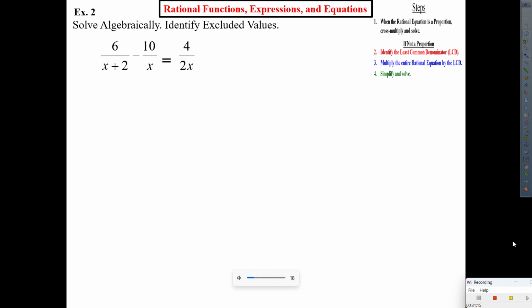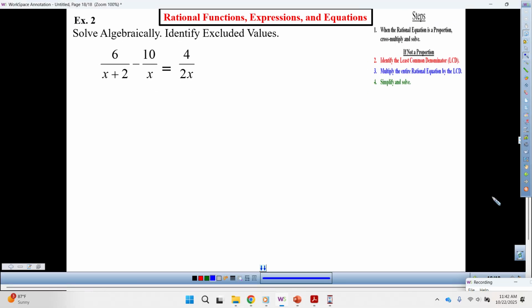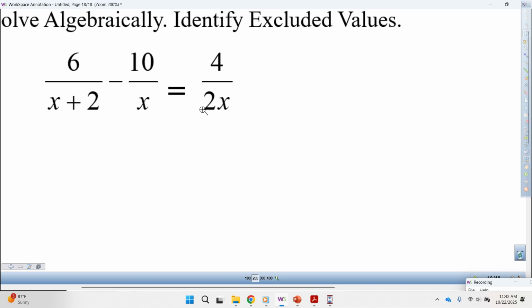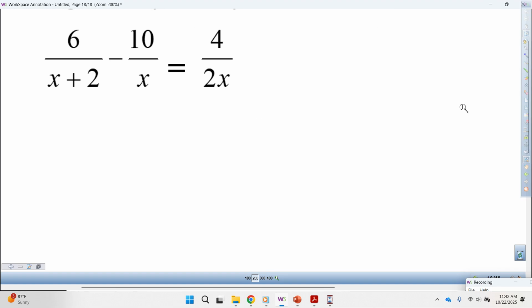All right. For this one, I'm going to zoom in just to make sure everybody's seeing what I see. Question: is this a proportion?